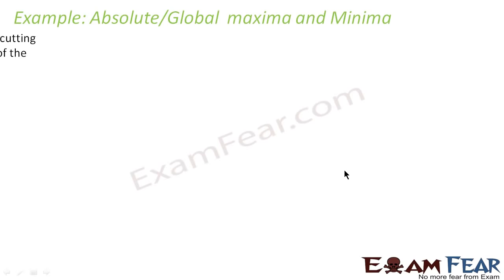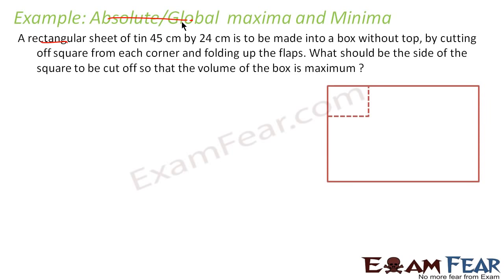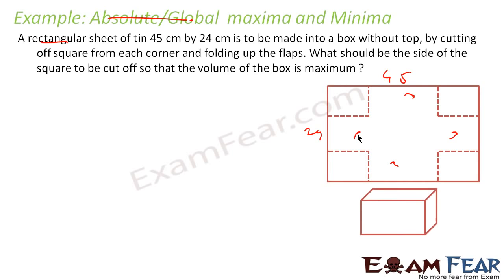Let's take another example. Similar example here is we have a rectangular sheet instead of a square sheet, and this is also a maximum-volume problem. Again it is made into a box without top by cutting off squares. So we have this rectangular sheet of side, let's suppose, 45 by 24. Here we'll again cut 4 squares, and with these we'll fold these parts, right? We'll get one box.